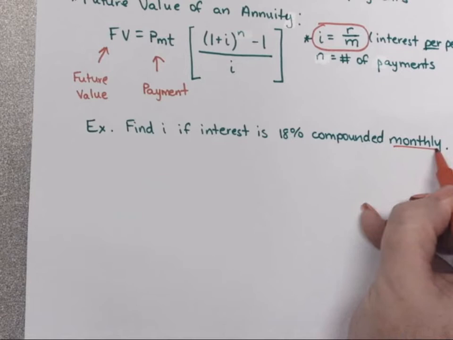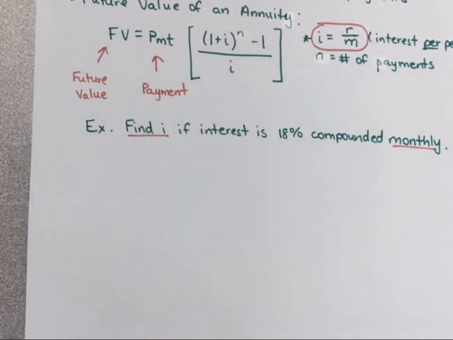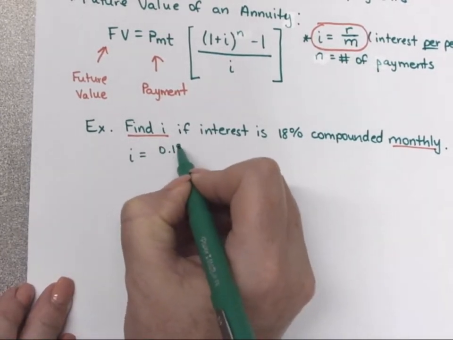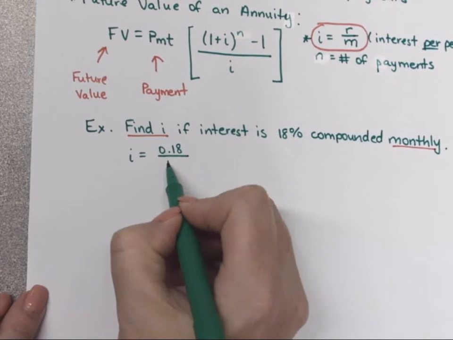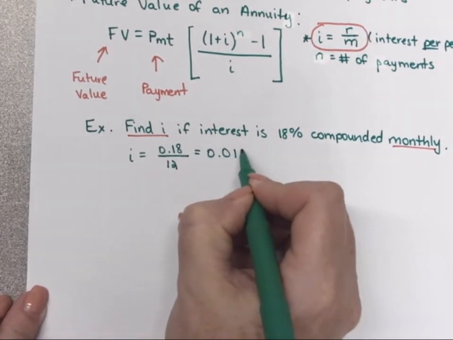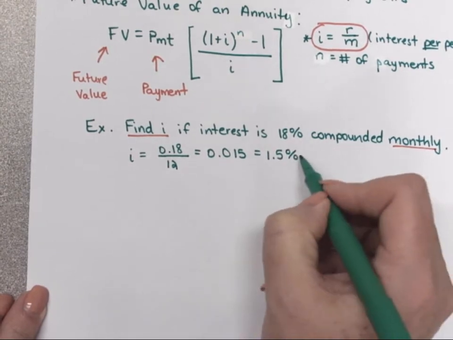Okay, so it is significant that we said monthly. We're trying to find I. So I is going to just be the stated interest rate divided by however many times per year that interest is compounded. So if it's monthly, how many times a year is it? We've talked about this. 12. So that would give you 0.015, or 1.5% per month.